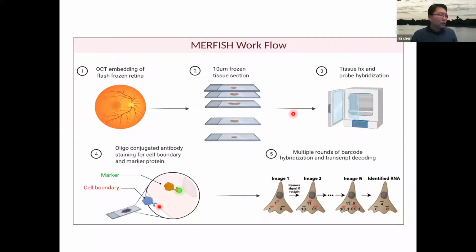After hybridization, we also add a few cell boundary markers, for reasons that will become obvious, and that's basically antibodies against cell surface markers, conjugated with a probe so you can actually see them as well. And then lastly, we do serial hybridization and decoding, and basically identify the spatial distribution of transcripts in this section.